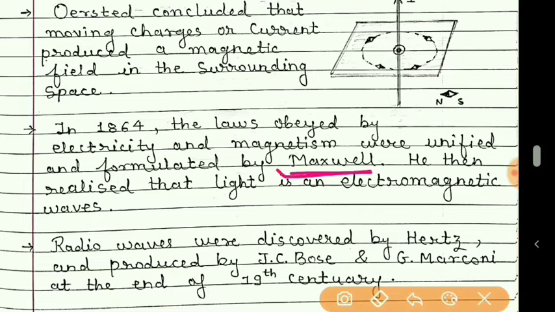Here the name is given, Maxwell. So the unification of electricity and magnetism is credited to Maxwell.